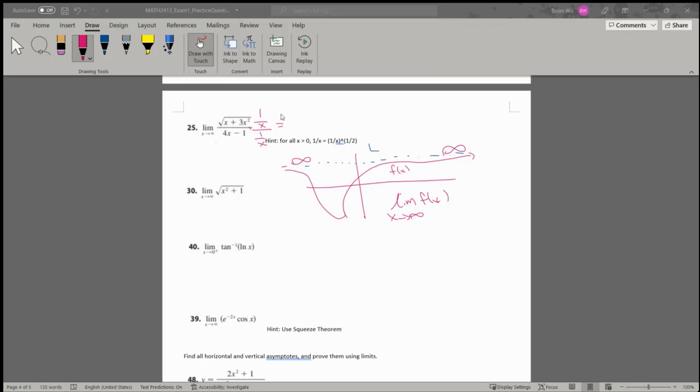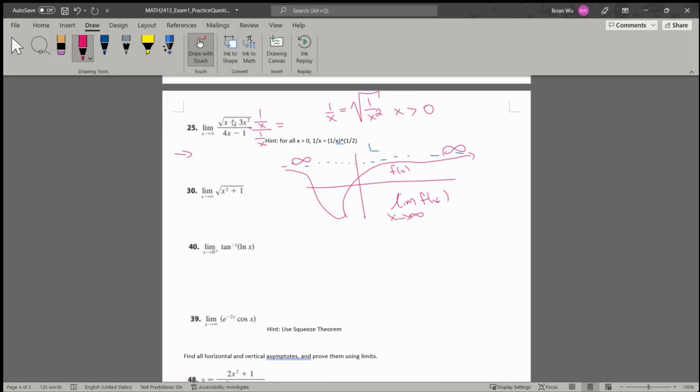But essentially, if you're going to do this, this problem's a little bit tricky because you have a square root, right? But we know, and as a hint here, that 1 over x is equal to the square root of 1 over x squared for all positive x values, right?